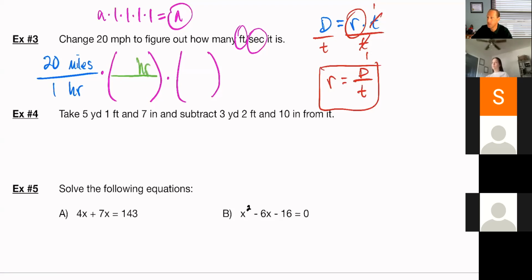What is that going to allow us to do? Divide by 60, just like we did over here, right? We're going to be able to cancel those like things. So the hours will cancel out. And we said we wanted seconds in the bottom of this fraction. So I'm going to put the seconds down here.